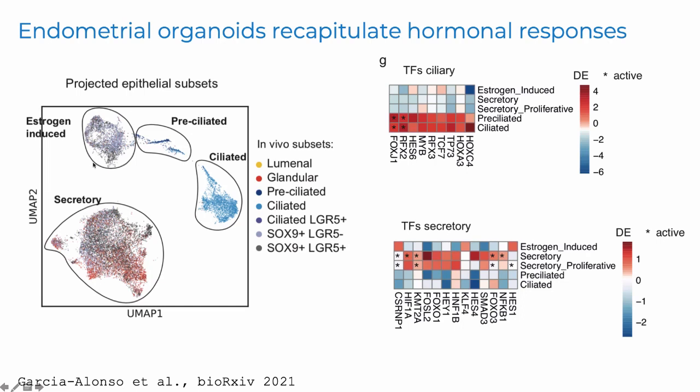We can nicely see that upon estrogen, we have the SOX9 populations. Then when we add progesterone, we have the ciliated lineage popping up and these preciliated populations that we identified.